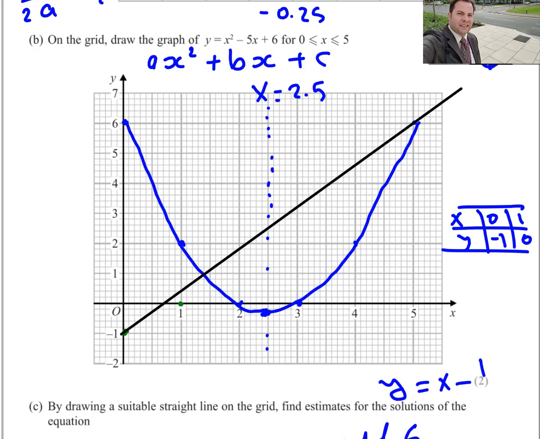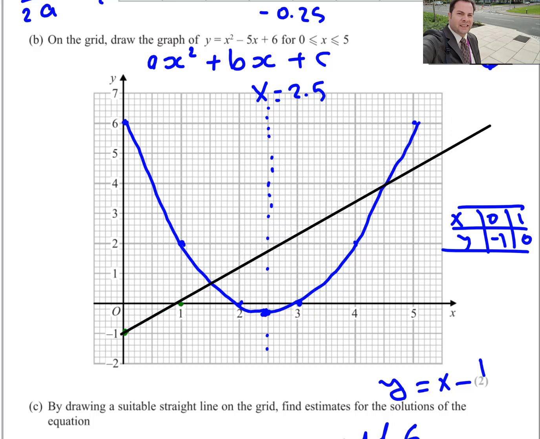Draw the straight line passing through these 2 points like this. The line cuts the curve at how many points? The line cuts the curve at 2 points. These 2 points represent the solution of the equation.